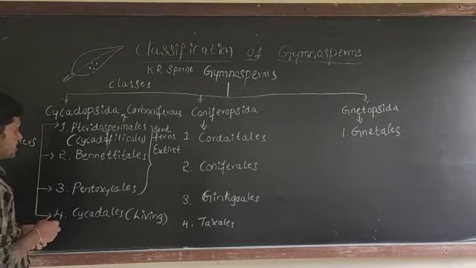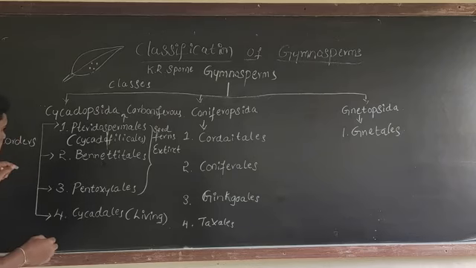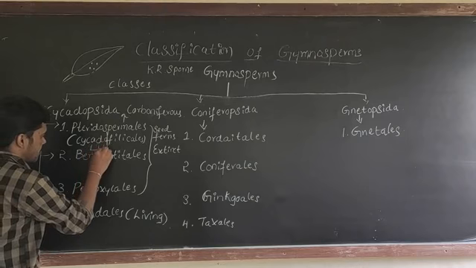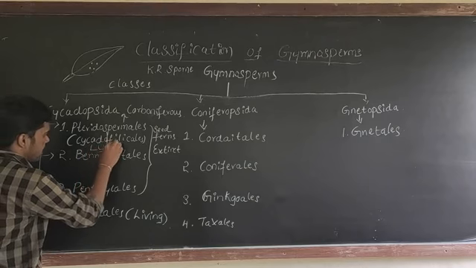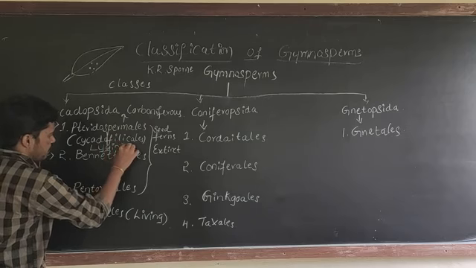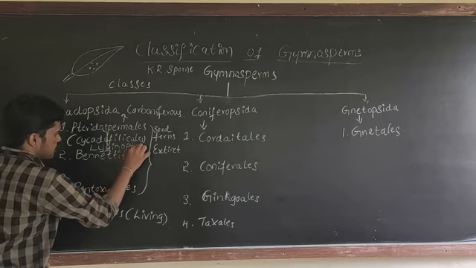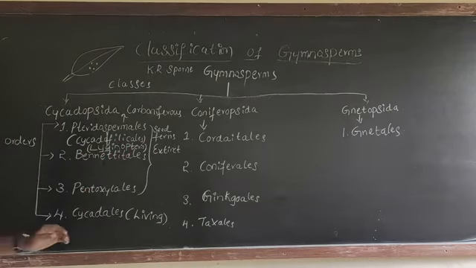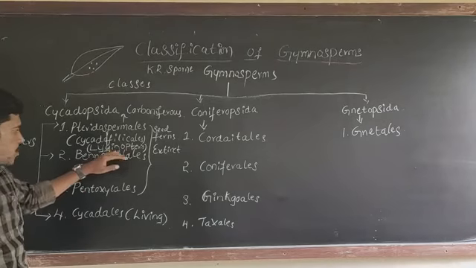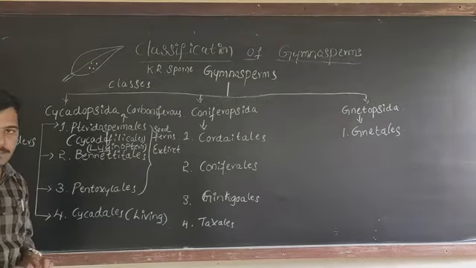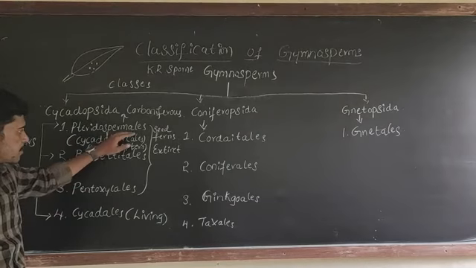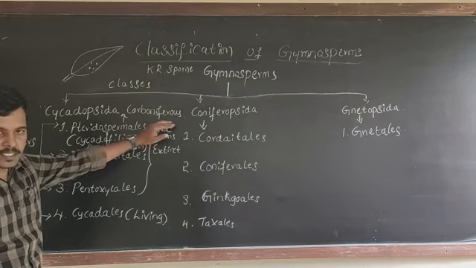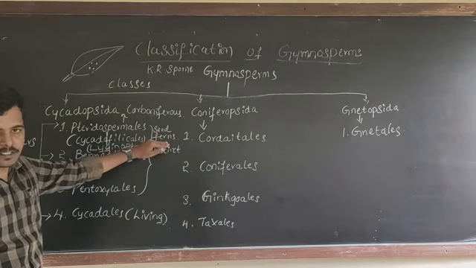One of the best examples for this is Lyginopteris. This gymnosperm plant belongs to the order Pteridospermales. They are called seed ferns because they bear the characters of both gymnosperms and pteridophytes.